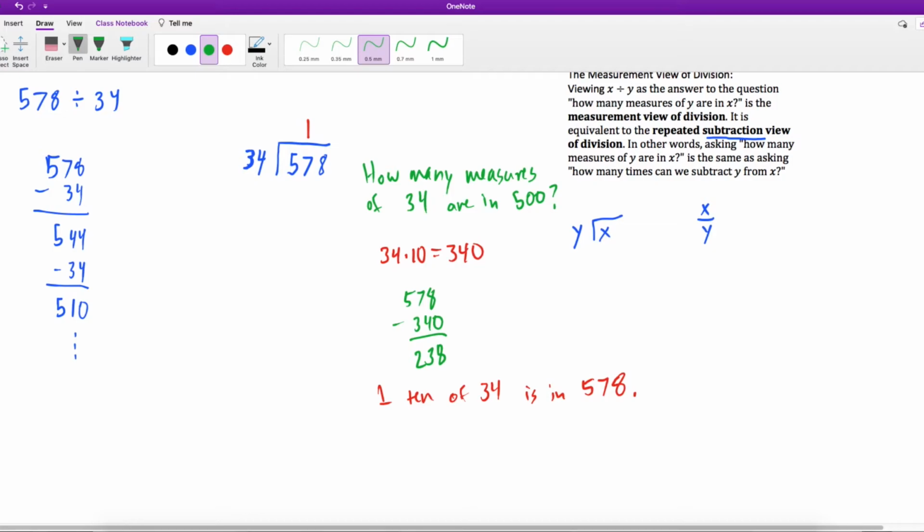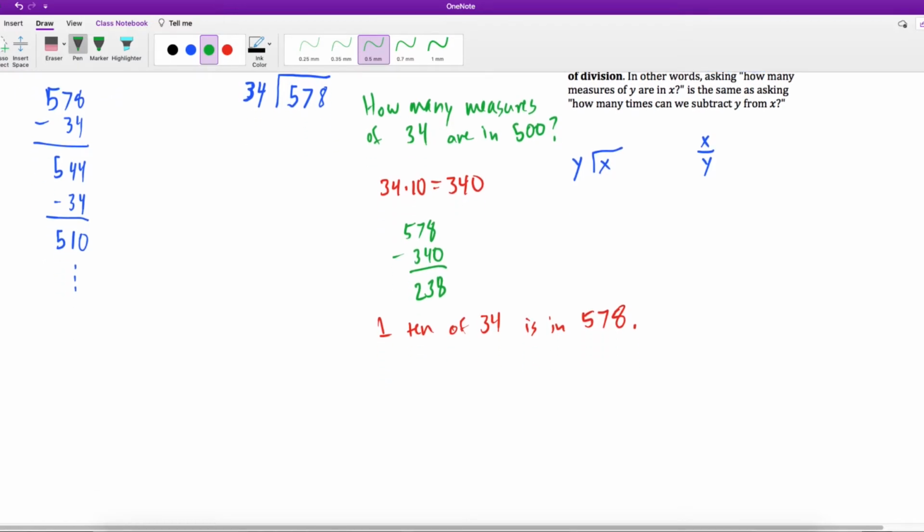Okay, so we can see how many more are left. We would then say, well, there's 238, and 238 now is the number we're trying to fit 34s in. So how many measures of 34 are in 238?